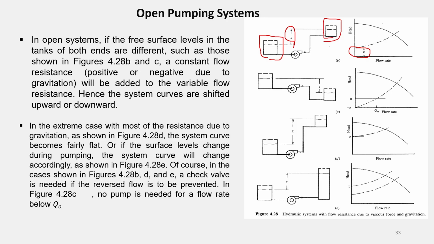Imagine that I have reversed it, so that the suction tank is above the center line of the pump, then this Z will be negative. Okay. And let's read here: if the free surface levels in the tanks at both ends are different, such as those shown in this figure, 4.28 b and c, a constant flow resistance will be added to the variable flow resistance. Hence the system curves are shifted upward or downward.